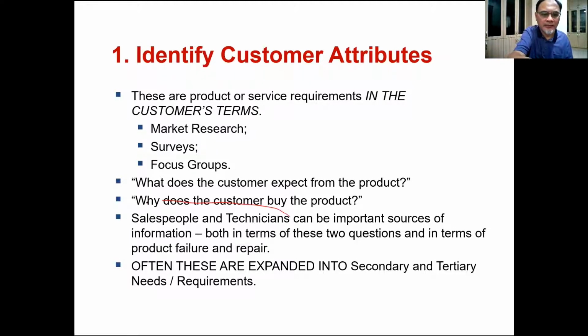Sometimes we forget that salesmen and technicians are a good source of information because they deal with maintaining and servicing the product. So that tacit knowledge or information must be captured. For example, with air conditioners, it's not only the customer who uses it and gets the comfort, but the technicians have to do the servicing of the air conditioner.